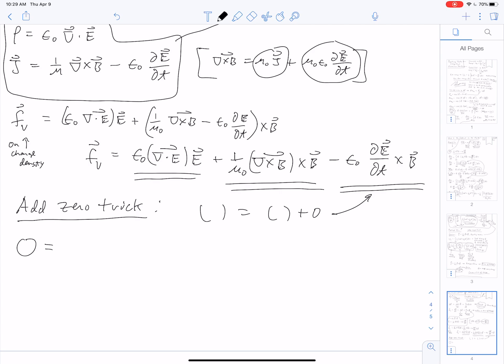0 equals, and let's look at this, negative epsilon naught E cross dB dt, and there's a reason, of course, why we do this, plus epsilon naught E cross dB dt, plus 1 over mu naught B times del dot B. So this is a very inspired choice of zero.